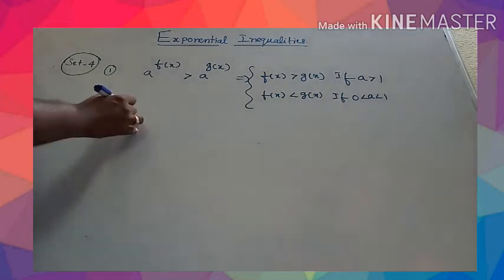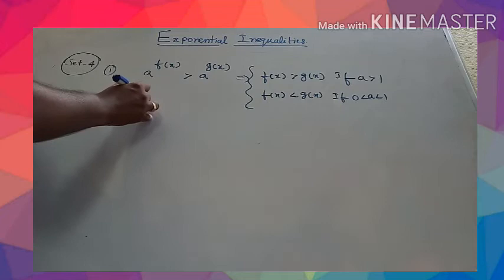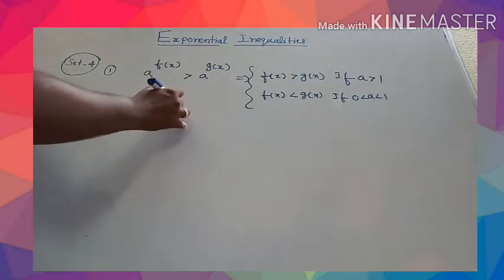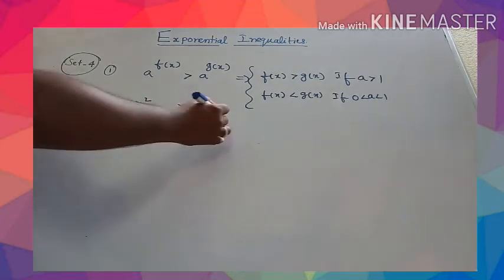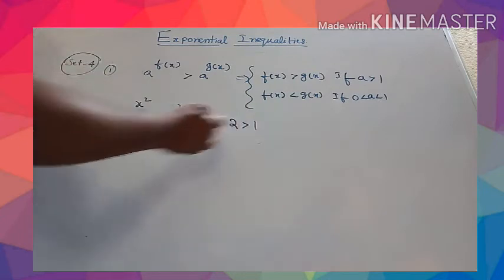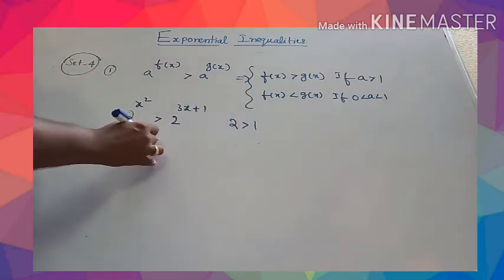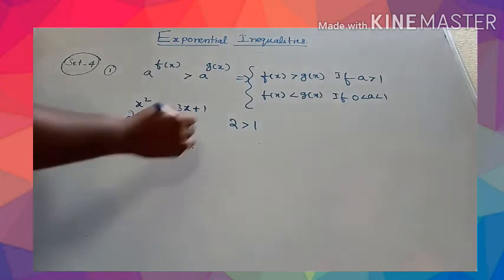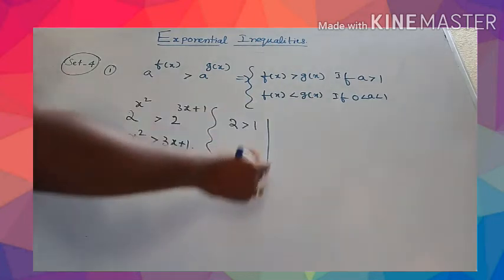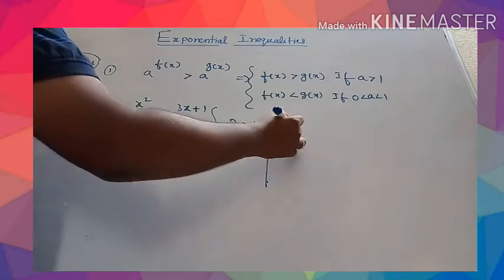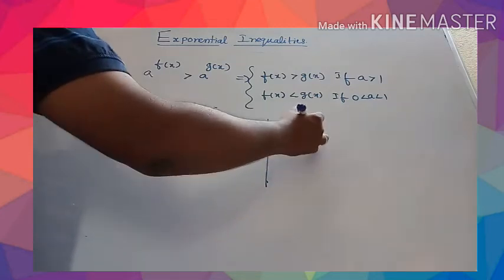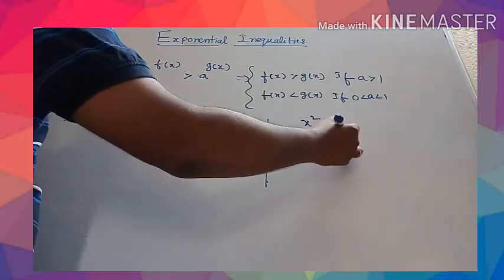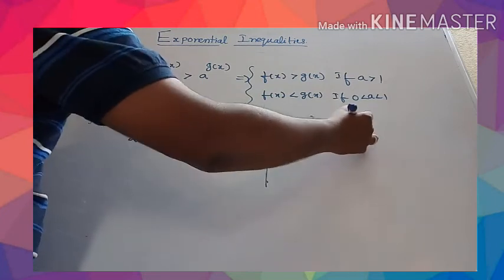For example, we have 2 power x square is greater than 2 power 3x plus 1. Here the base 2 is greater than 1. We can easily say that x square is greater than 3x plus 1, my dear students. This is one of the facts here. Another example: suppose you have 1 by 2 whole power x square is greater than 1 by 2 whole power 3x plus 1.